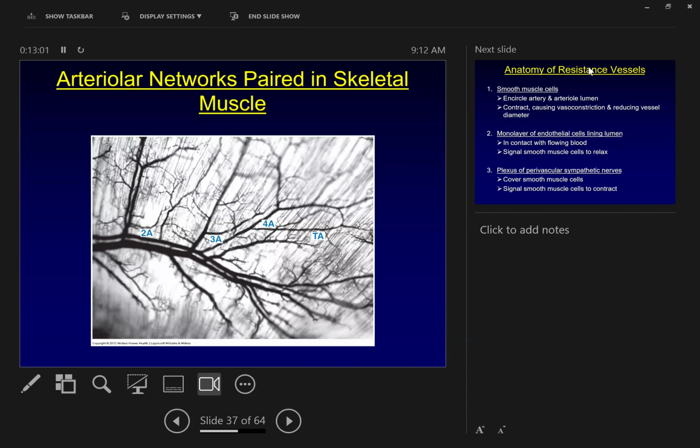Okay. And we talked about this idea that we can either squeeze the artery down, the arteriole down, make its diameter very small, which raises the pressure and makes it more difficult for blood to go through there. Or we can widen out the arteriole. It's called dilation.